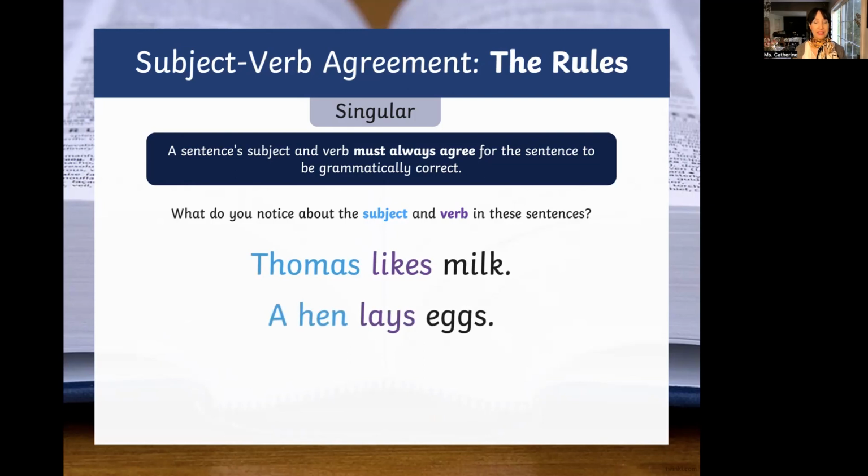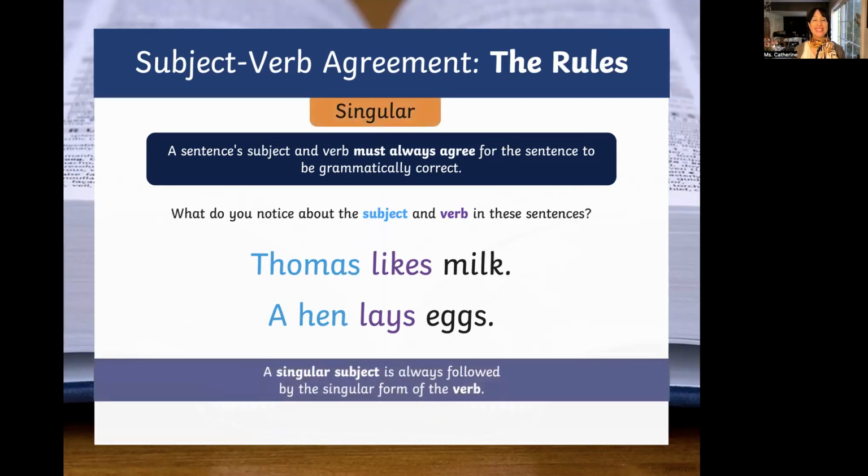Thomas likes milk. A hen lays eggs. A singular subject, such as Thomas and a hen, is always followed by the singular form of the verb, likes and lays.